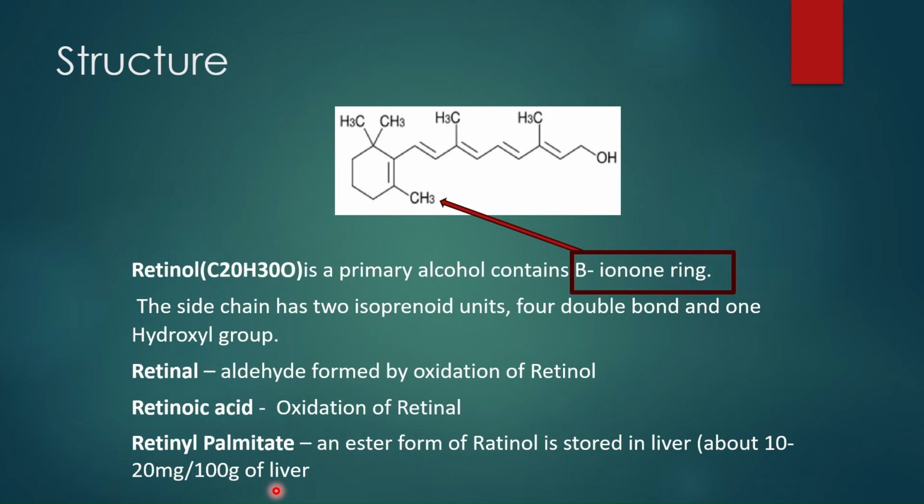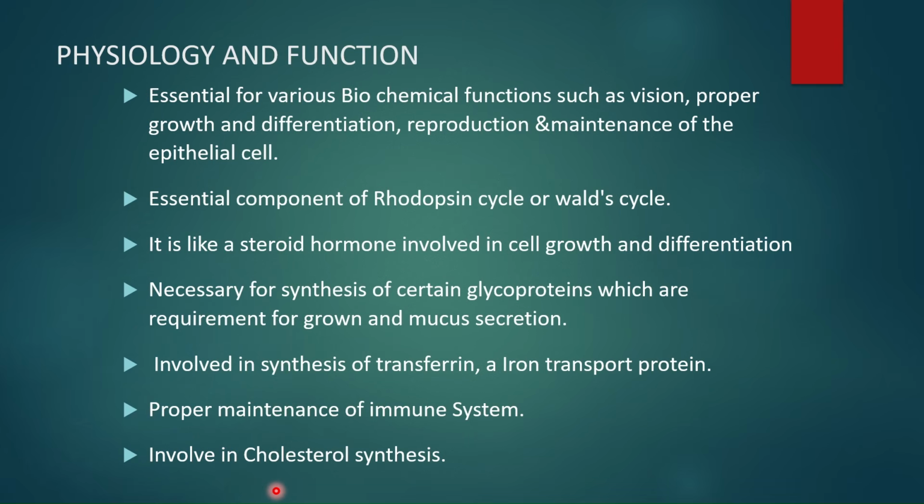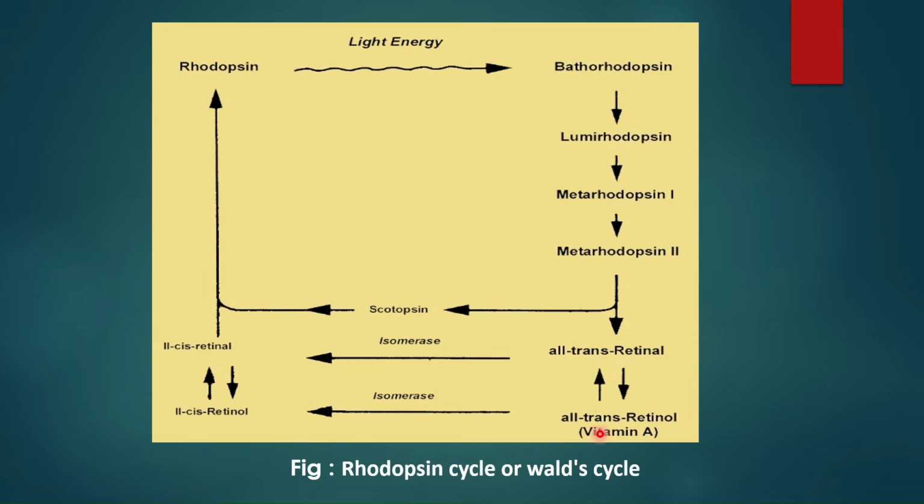Let's look at its physiology and function. Vitamin A is essential for various biological functions such as vision, proper growth, differentiation, reproduction, and maintenance of epithelial cells. Vitamin A is an essential component of rhodopsin cycle or Wald cycle, as you can see in this figure.